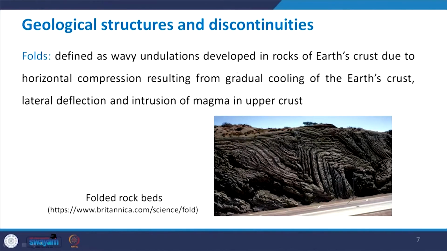Coming to the next geological structures, that is fold. So, this fold is defined as the wavy undulations which are developed in rocks of earth's crust due to the horizontal compression, which may be the result from the gradual cooling of the Earth's crust, maybe lateral deflection and intrusion of magma in the upper crust.